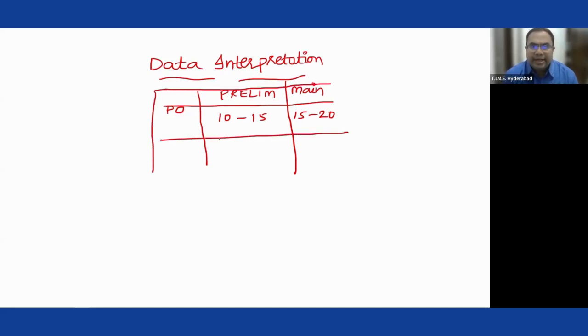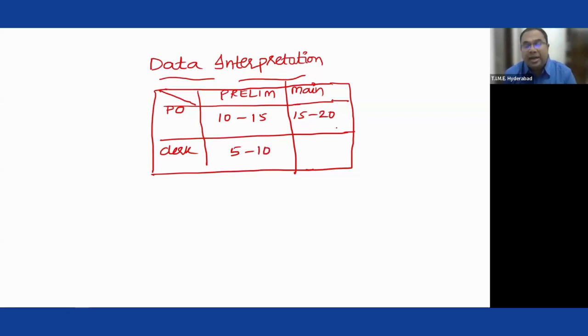When I say PO, IBPS PO, SBI PO, RRB PO, it is more or less the same breakup. When you look at a clerk exam prelim, you'll get 5 to 10 questions, and clerk main, you'll get somewhere around 10 to 15 questions. This is the weightage of your data interpretation. In general, you take any PO prelim or PO main, clerk prelim or clerk main, this is the weightage of your data interpretation.